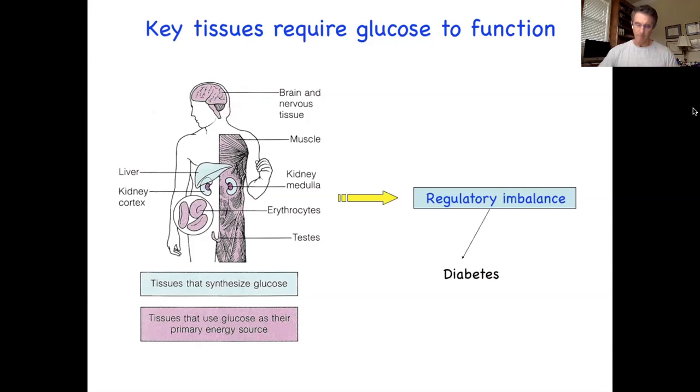And when that gets screwed up, of course, we recognize that it creates a disease state like diabetes, right? But there are also a whole set of glycogen storage disorders when that glycogen mobilization and storage process gets messed up, right? So all of this is tied up together in this really important set of catabolic and anabolic pathways and how they're connected and regulated to maintain blood glucose levels in a very narrow range in organisms like us, right?